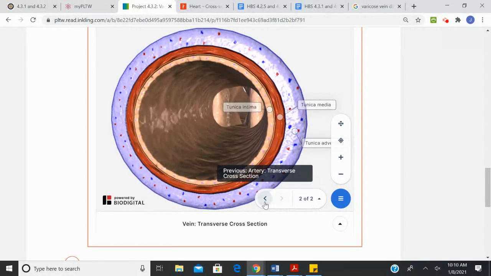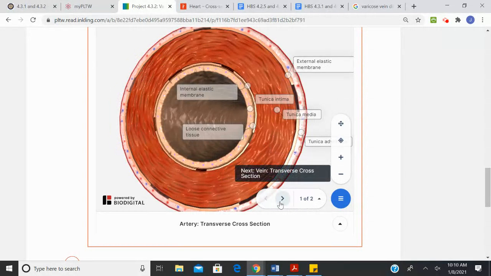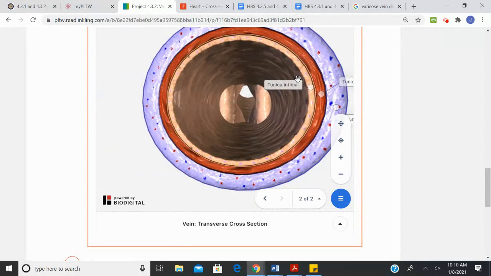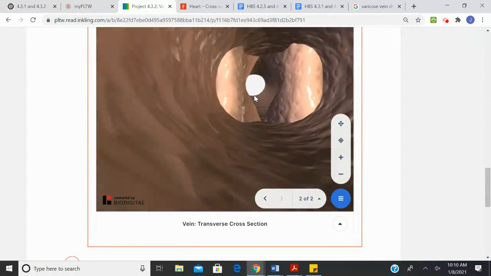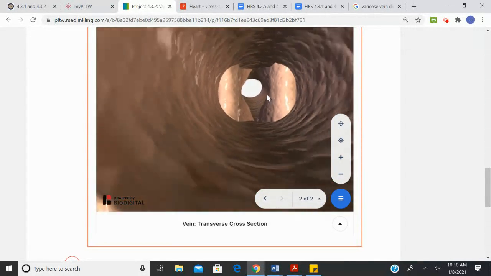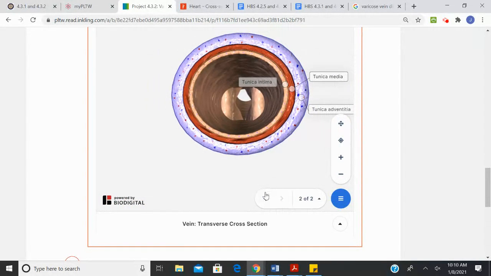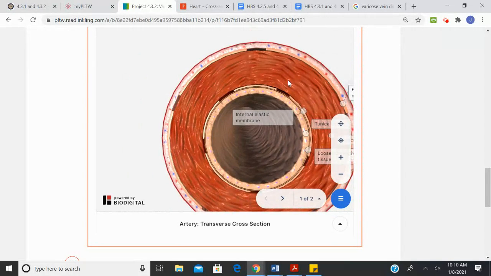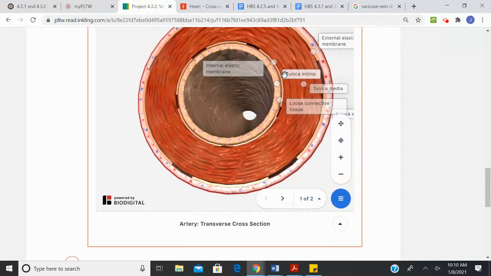So that's what I want you guys to do. And actually, if you look in there, you can see a valve in here. Okay, so if you zoom in on that, you see this valve that's inside the vein. When you look inside the artery, you don't see those valves in there.